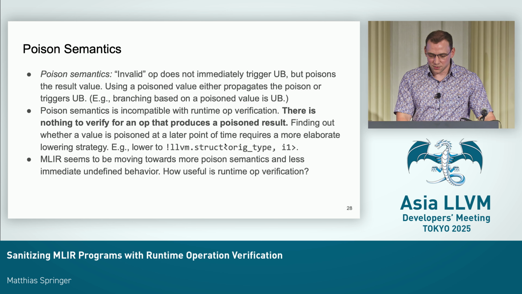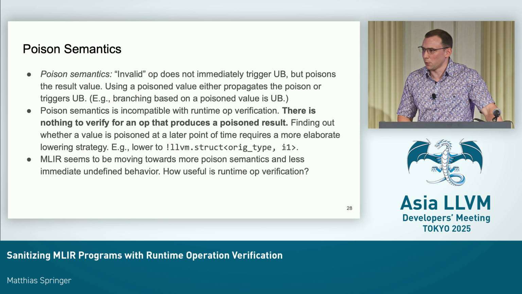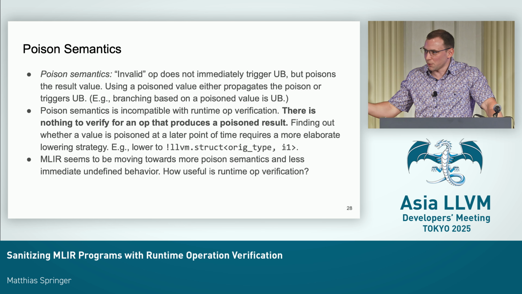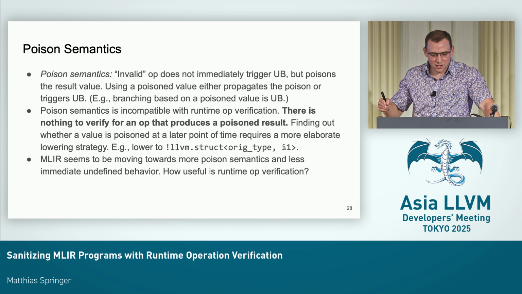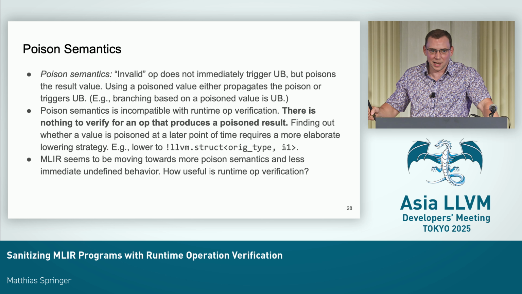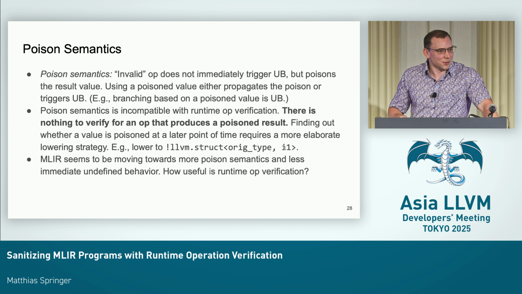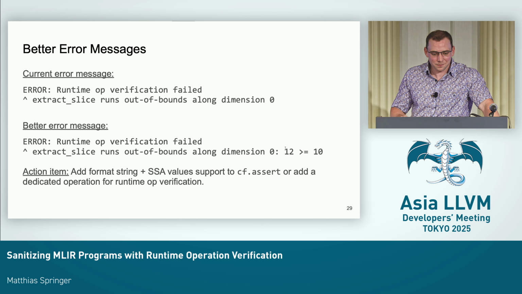Basically, you have to lower things to the original lowering type plus an i1 value, which will tell you if it's poisoned or not. So the current approach that I presented here does not work for poison semantics. And MLIR is moving more towards poison semantics, which raises the question, how useful is this feature actually? Maybe if eventually all undefined behavior in MLIR is poison semantics, then there's nothing to verify. So that's an open question.